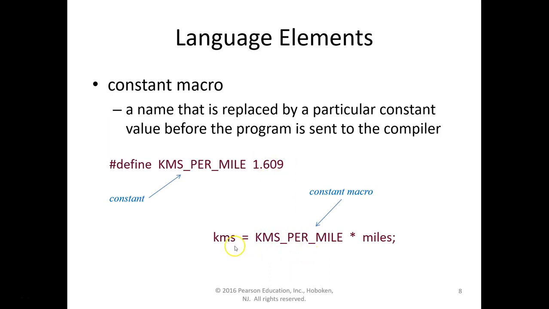If you're going to be using this in many lines, you just have to define it here, and then if you change it in the future, you only change it one time here. So you define it here, and then you have a constant in your code.